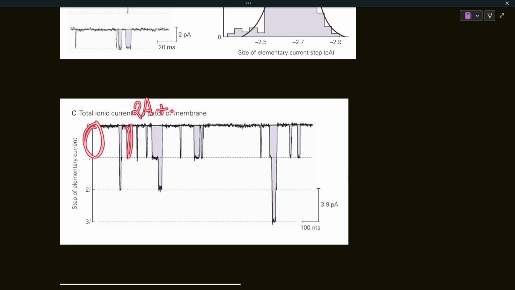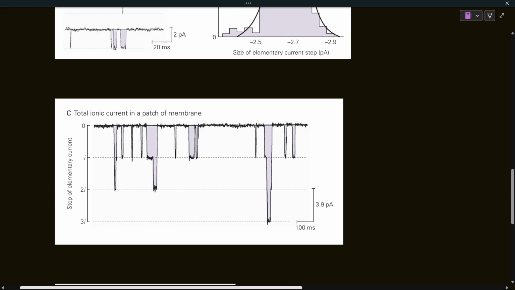But alongside it, the second receptor is also opening, and the third receptor also opens. So the ion current generated by multiple ion channels can be summed together. This was proved by those scientists.